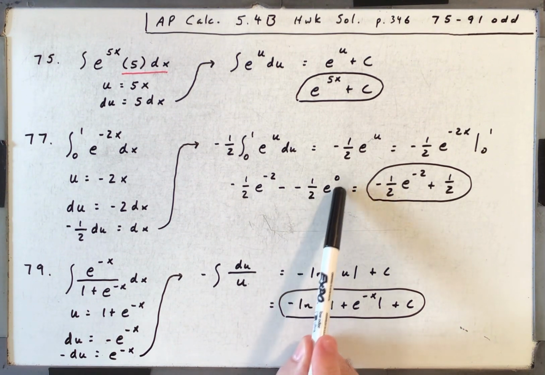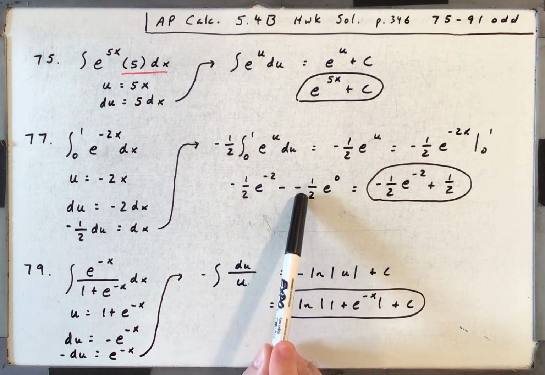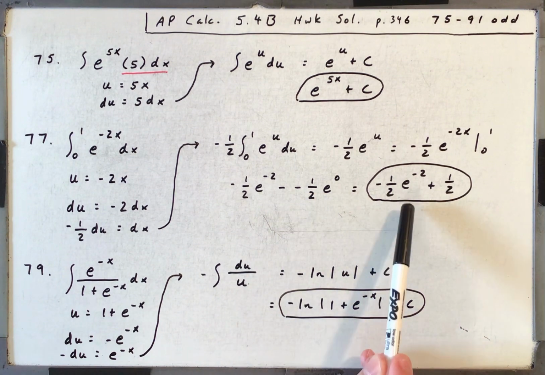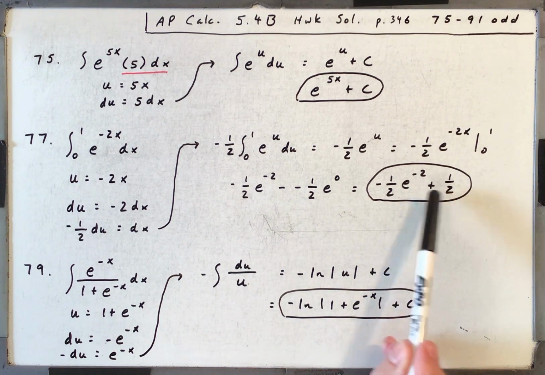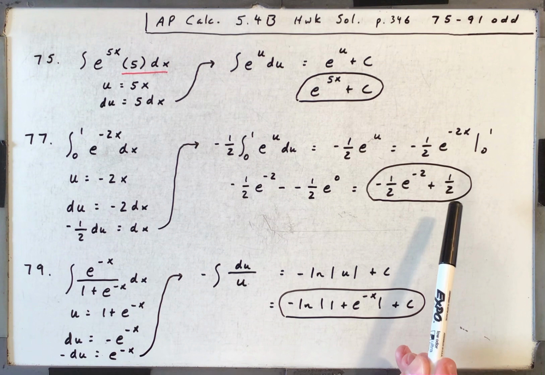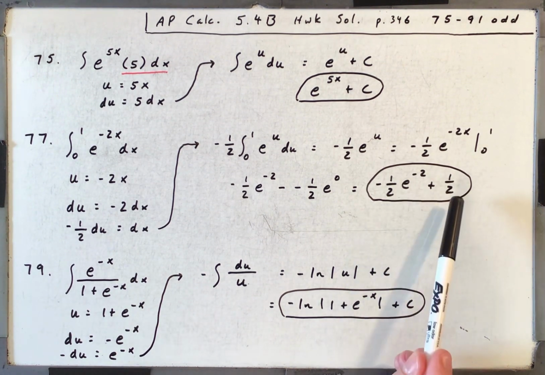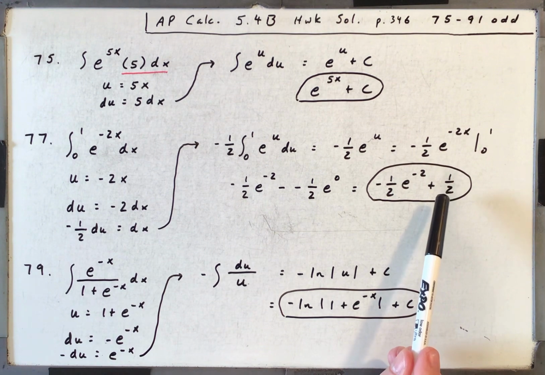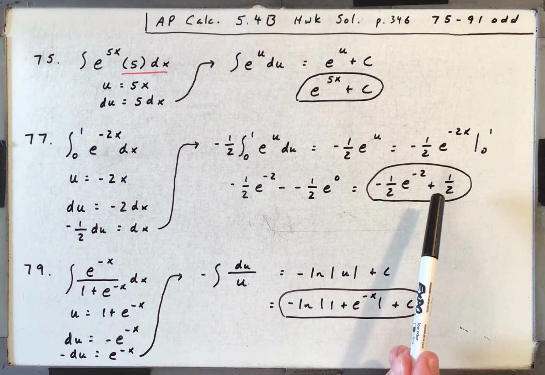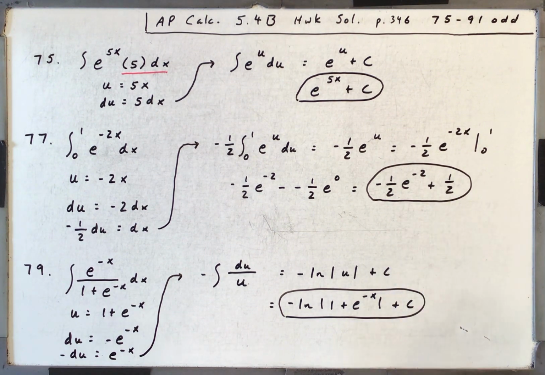E to the 0 is just 1, right? 2 negatives make a plus, so it's going to be negative 1/2 e to the minus 2 plus 1/2. All right, and that is fine with me. You could also put that in your calculator and get the decimal answer for that, which I believe is 0.4323, and the back of the book may give you that.